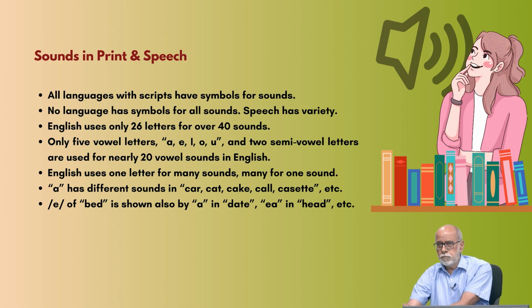Generally speaking, there may be some difficulties, some modifications may be required in some places, but remember, writing system came much after in everybody's life, in every community's life. Writing system came after the speaking system. So, writing system uses symbols to represent sounds.